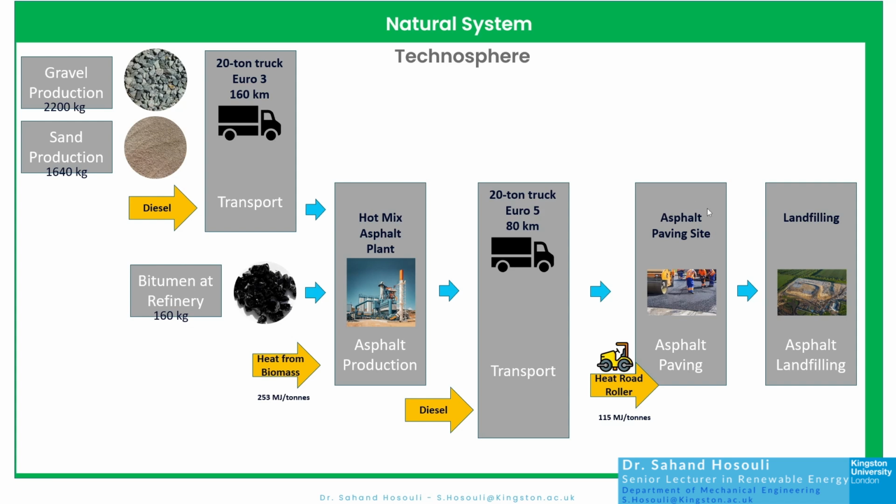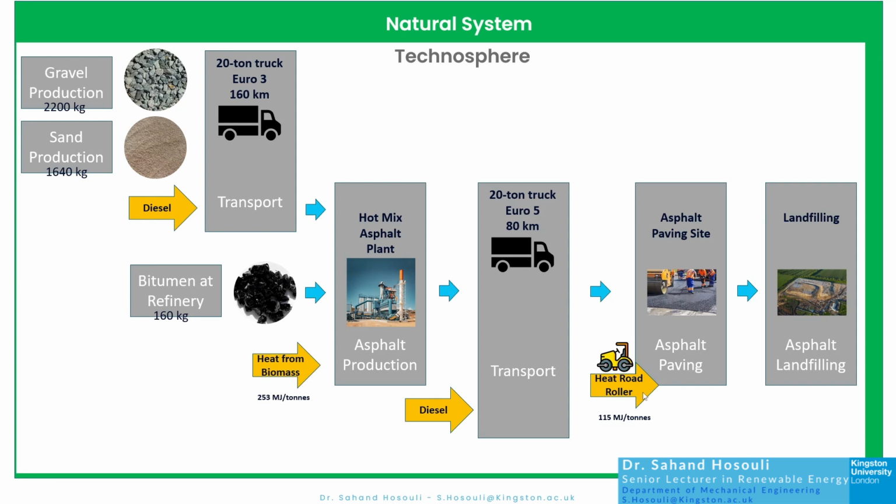So in the asphalt paving site, first we need to create this construction plan in our GaBi, and also we need to provide heat road roller to this site. There are a couple of ways that you can add this machinery, because remember, in life cycle assessment we don't care about the machinery, we care about the energy and the mass concept over here and the environmental impact of those elements.